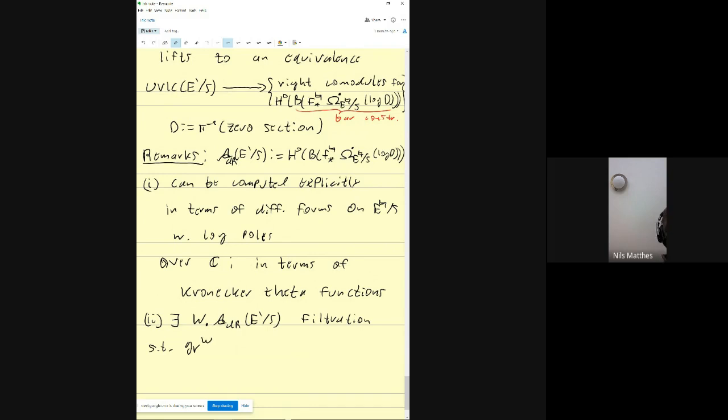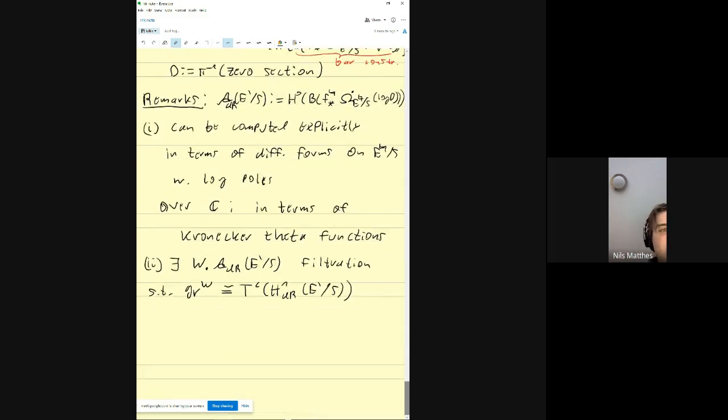So if you take the associated graded pieces for this filtration, you get the tensor coalgebra on H1 de Rham of the punctured elliptic curve. This is similar, if you remember, to Deligne's result. In Deligne's result, the filtration is canonically split already, and you get this result in terms of the tensor coalgebra on de Rham cohomology. Here it does not split, but nevertheless there's a similar result at the end.